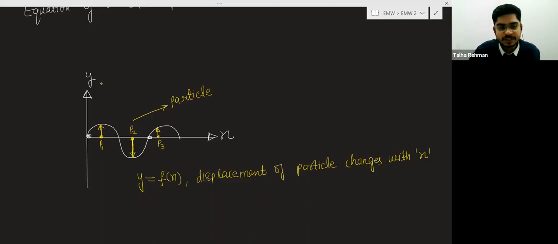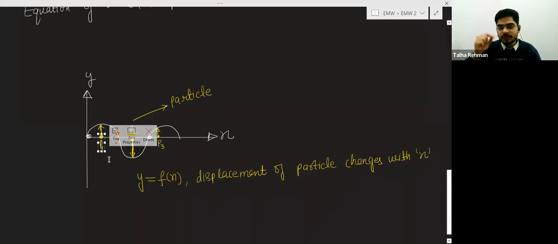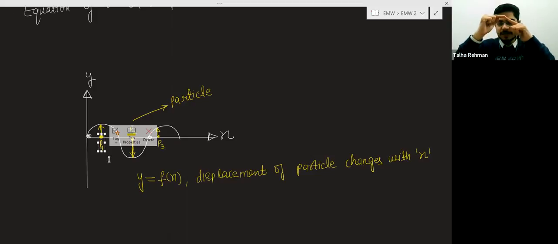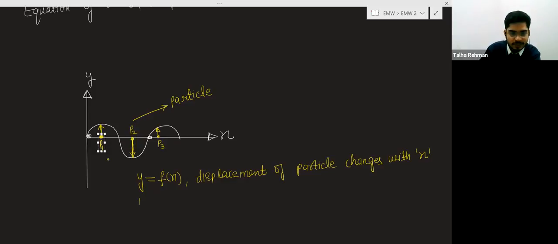Now as the time changes, see this particle only. With respect to time, the displacement of the particle is changing. Suppose at time t1 the particle is here, at another time the particle is here. So y is also a function of time. The displacement of the particle changes with time, t is the time.